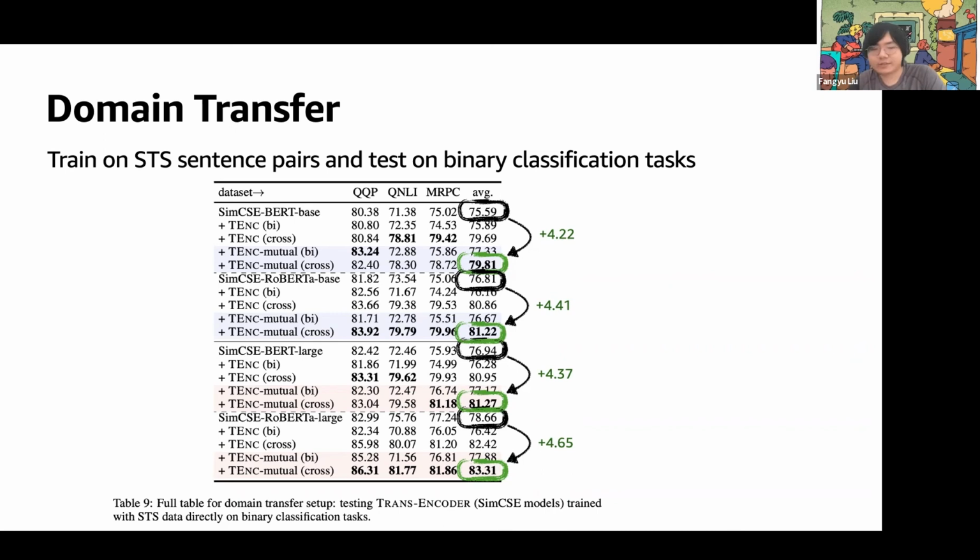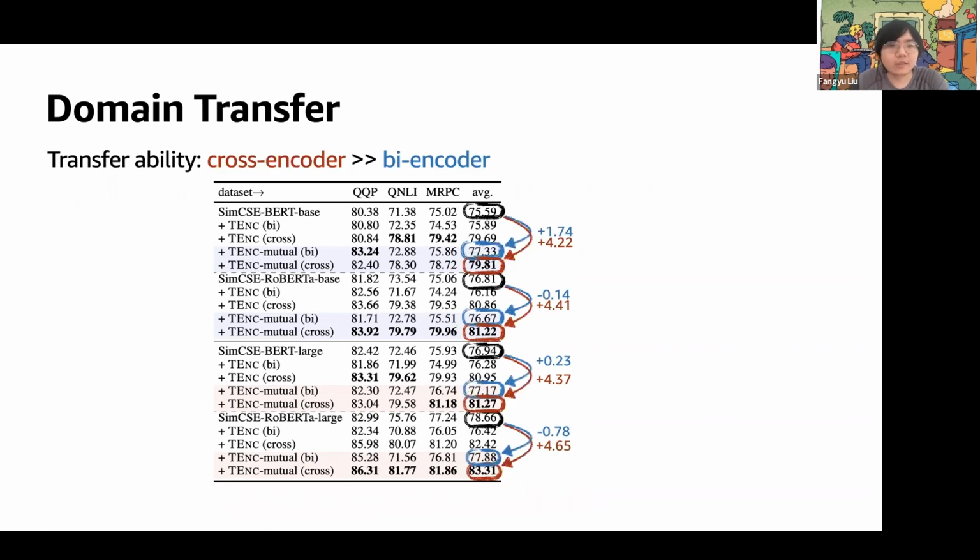And usually you need to sample some in-domain data for training. Otherwise, the model would suffer from a shift of domain. That's the transferability I mentioned just now. The red boxes are the performance of the cross-encoder, and the blue boxes are the performance change of the bi-encoders.